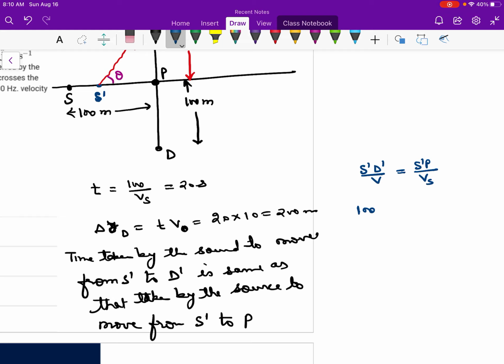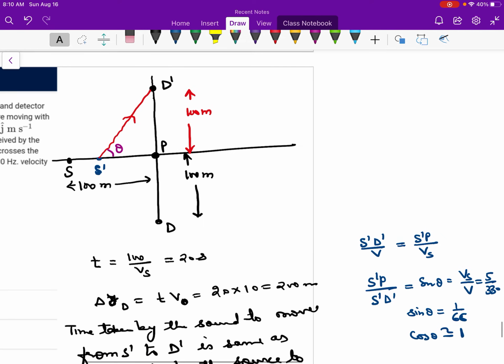So S dash P upon S dash D dash, which is sine theta, is equal to Vs upon V, that is 5 by 330. So sine theta is 1 by 66. So cos theta is approximately 1. Since sine theta is approaching 0, cos theta will approach 1.